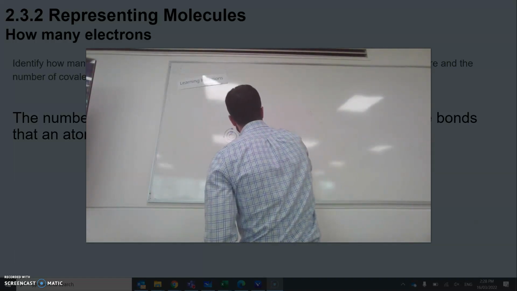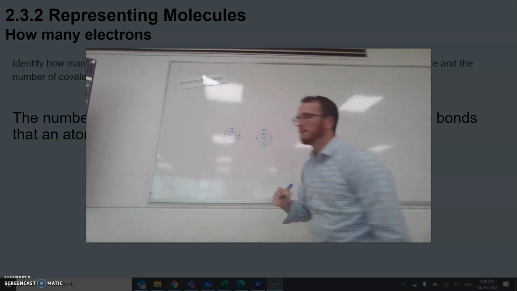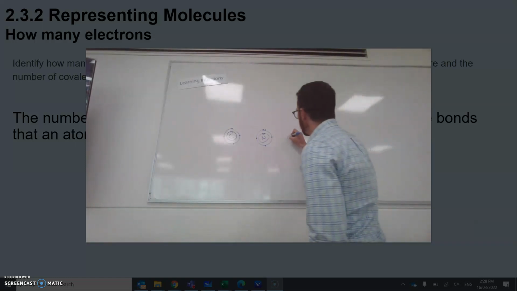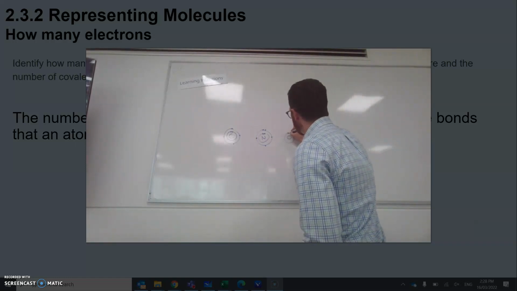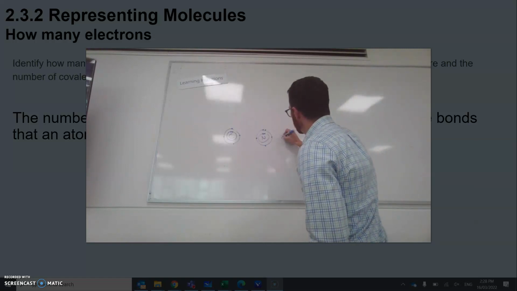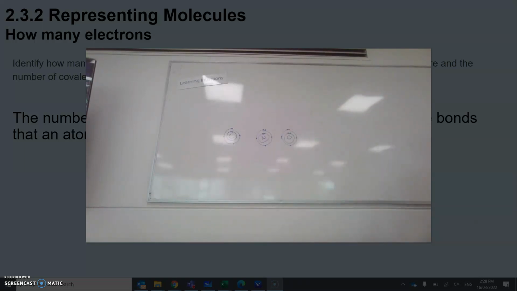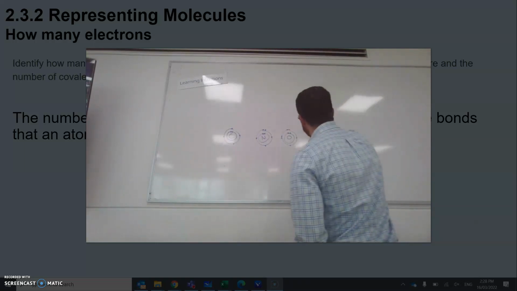If we look at, say, nitrogen, that's the next element along. 1, 2, 3, 4, 5. How many unpaired electrons does nitrogen have? 3. How many bonds does it want to form? 3. Awesome. Then we go to oxygen. 1, 2, 1, 2, 3, 4, 5, 6. How many unpaired electrons? 2. How many bonds does it want to form? 2. Awesome. And then we go to fluorine.